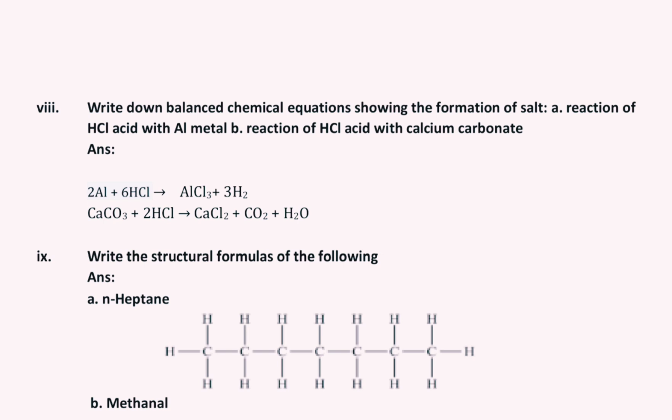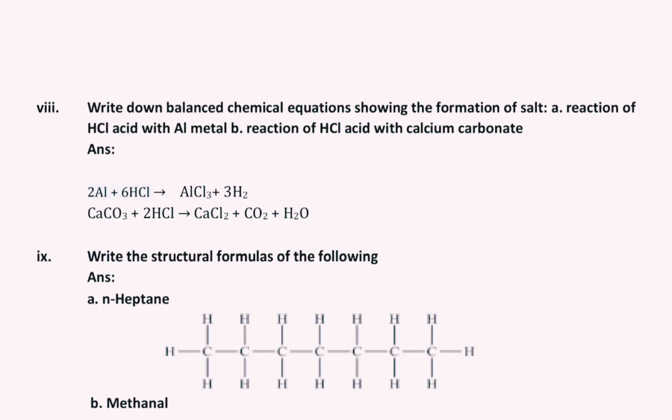And then here we have the next question. Write down the balanced chemical equation showing the formation of a salt. The first one is the reaction of hydrochloric acid with aluminium. So when hydrochloric acid reacts with aluminium, we already discussed that aluminium chloride will be formed and hydrogen will be released. So it's a sort of displacement reaction here, and we can balance it out. We have 3 chlorine here, and 3 hydrogens.